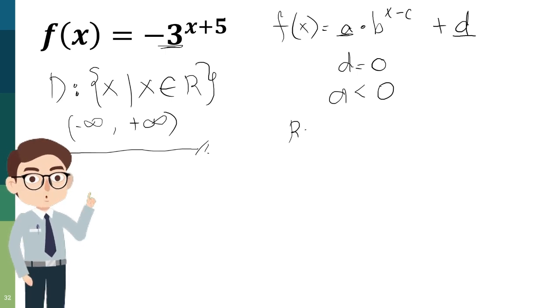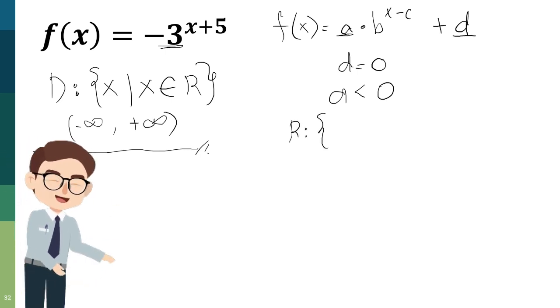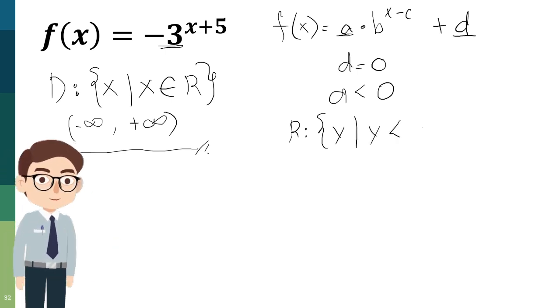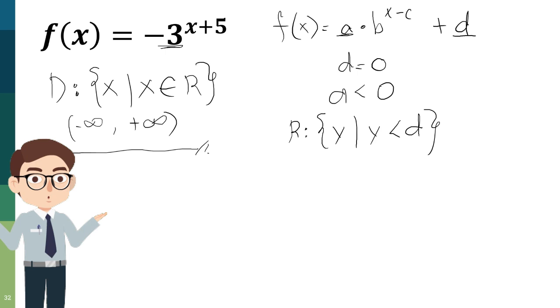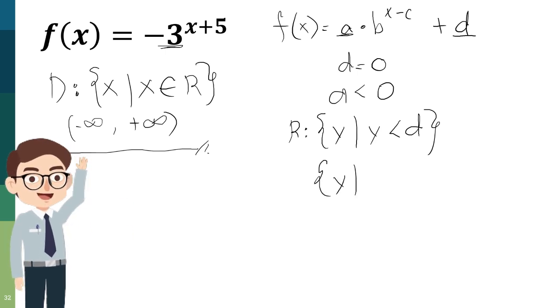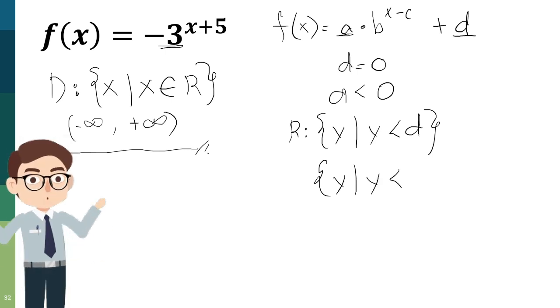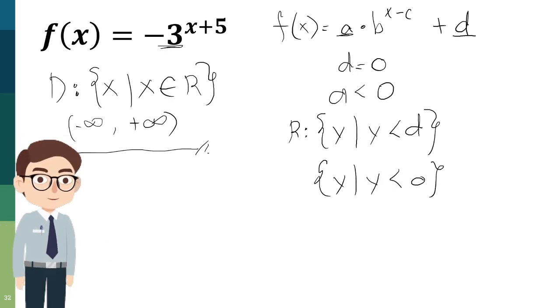Therefore, our range is the set of all y such that y is less than d. And to write it, that is the set of y such that y is less than 0.